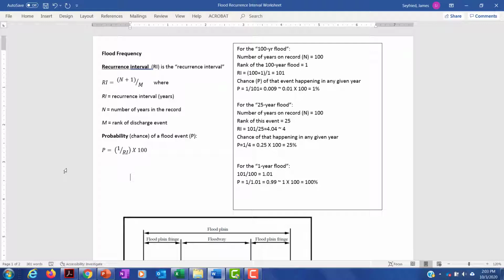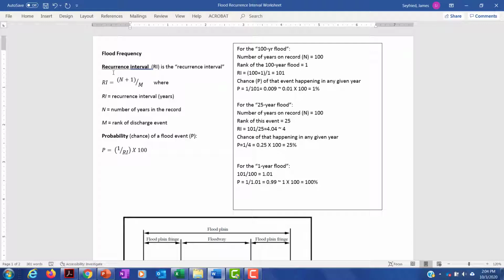So, to introduce some terms. The key term is the recurrence interval. That is sort of an intuitive term. It means how frequently this event occurs. So the recurrence interval for the 100-year flood is once every 100 years.